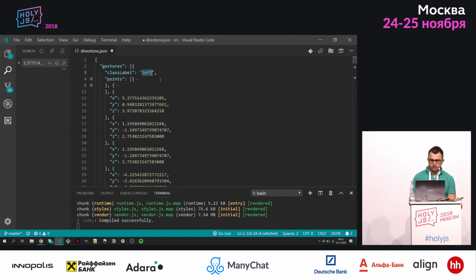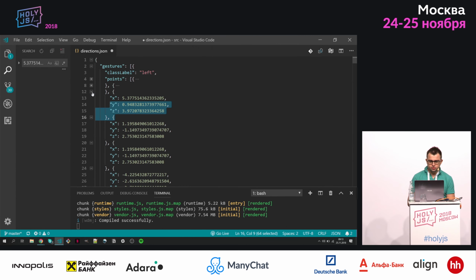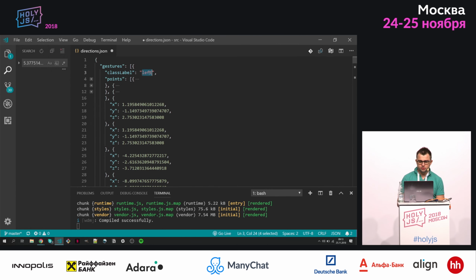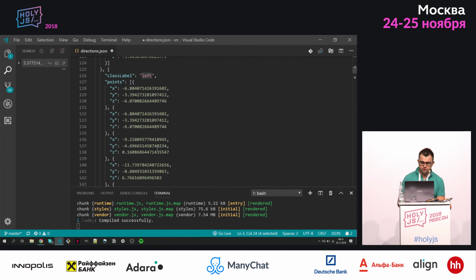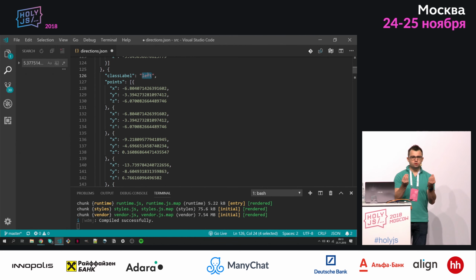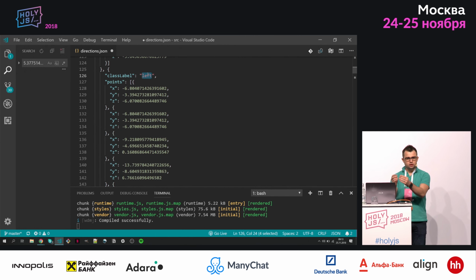We have the label left, and it has all those points. You see this is my sequence. This is, again, another example of a sequence of points that I set to the model that I know is the gesture to the left.